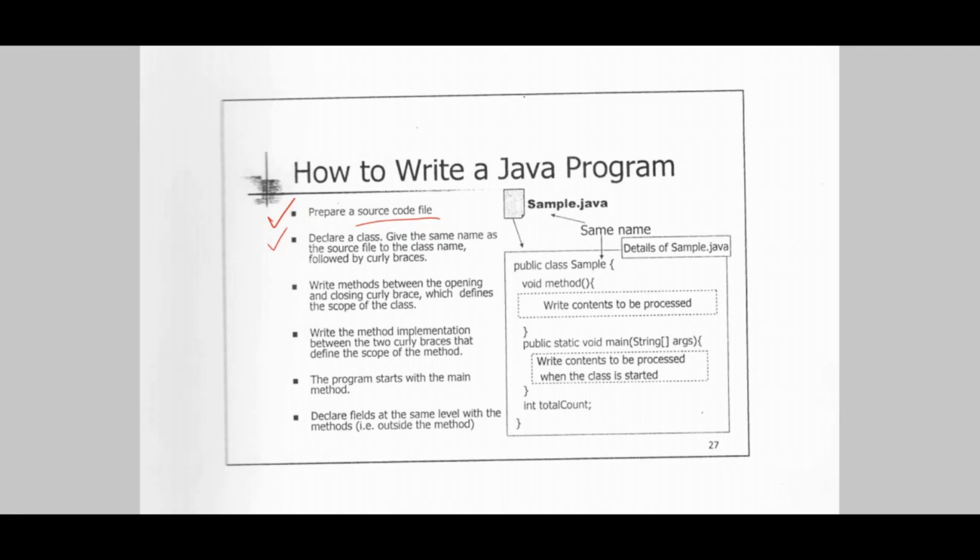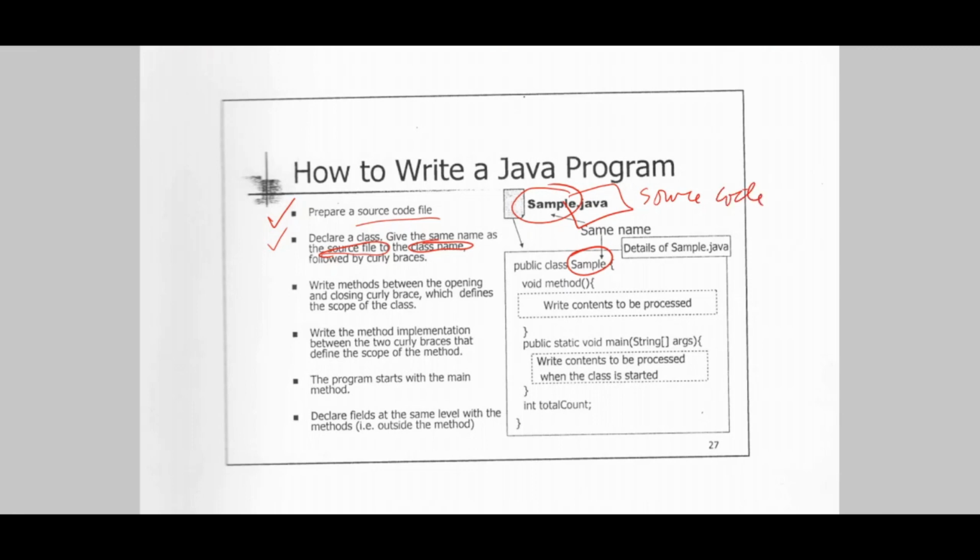Remember that the class name, like this one, sample, should be the same as the source file name. So the file name would also be sample, and the extension is .java because this is source code.